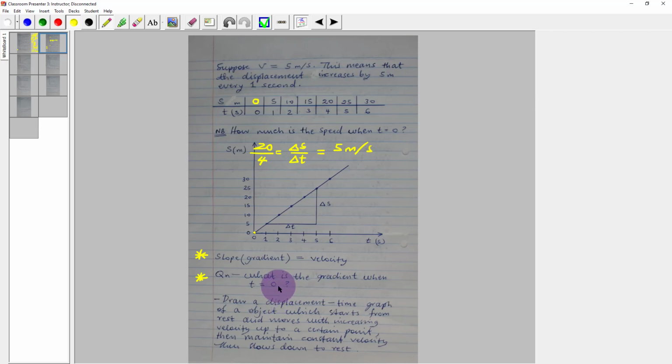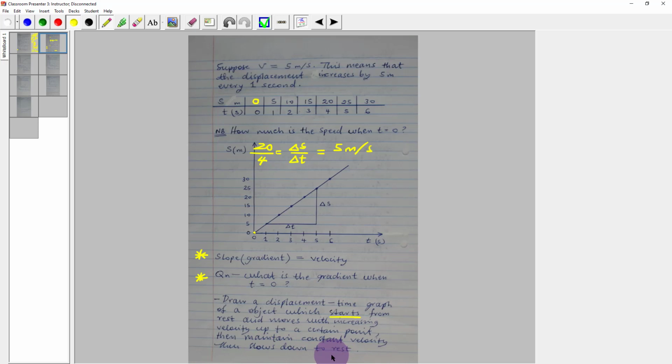However, we are going to see the displacement time graph for an object which is starting from rest, and how it looks like. It happens in this particular question here, where we are asked to draw a displacement time graph of an object which starts from rest and moves with increasing velocity up to a certain point, then maintains constant velocity, then slows down to rest.